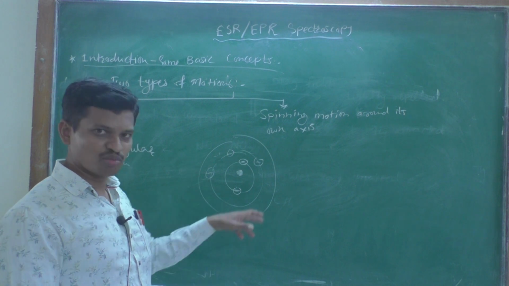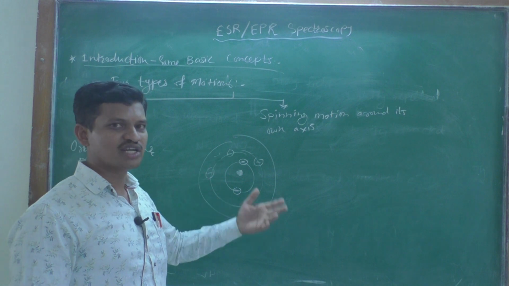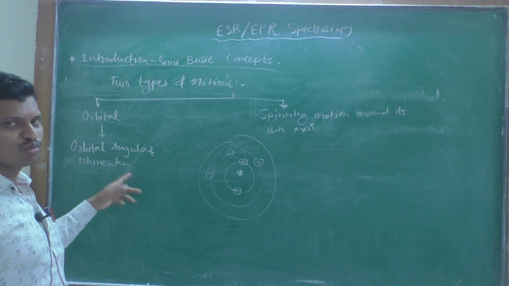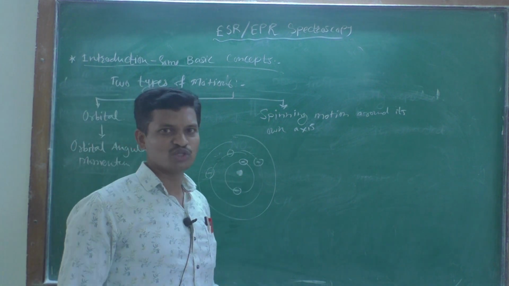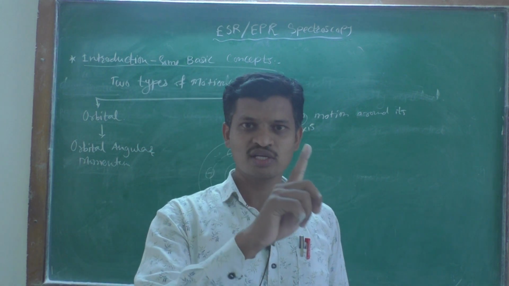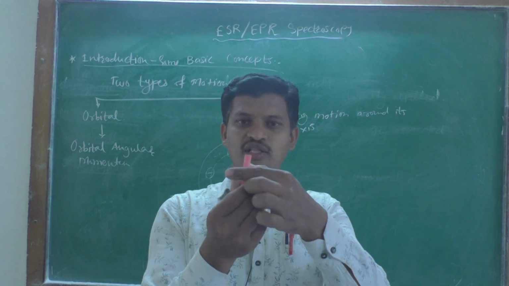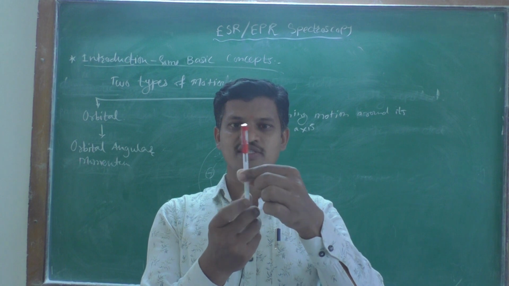This is an angular motion, and that angular momentum is called orbital angular momentum. The next motion is the spinning motion of that electron. While revolving around the nucleus, it is also continuously spinning about its own axis, like this.